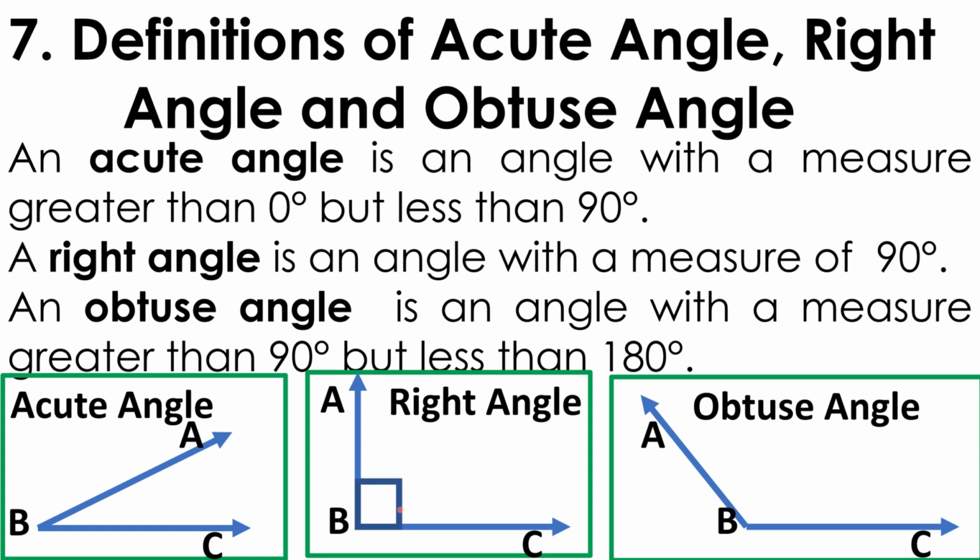That is why we have this symbol to indicate that this angle has a measurement of exactly 90 degrees. While the obtuse angle, the measurement from ray BA to ray BC is greater than 90 degrees but less than 180 degrees.